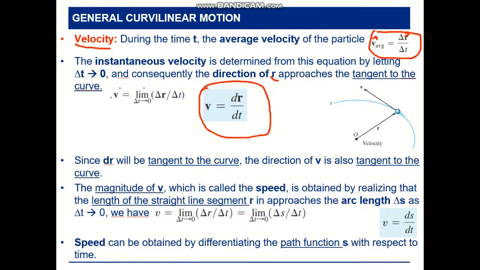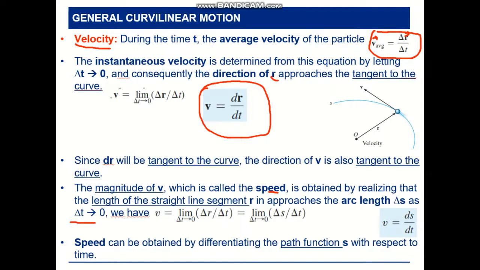Since dr will be tangent to the curve, the direction of v is also tangent to the curve, as usual. The magnitude of v, which is called the speed, is obtained by realizing that the length of the straight line segment delta r approaches the arc length delta s as delta t goes to 0.